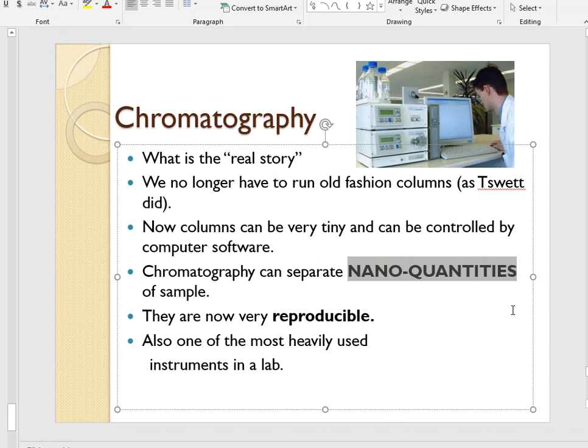Nano is 10 to the minus 9th, right? So if I have 1 liter and I take 1,000th of that, that is a milliliter, right? If I take 1,000th of that, that then sends me into microliters.